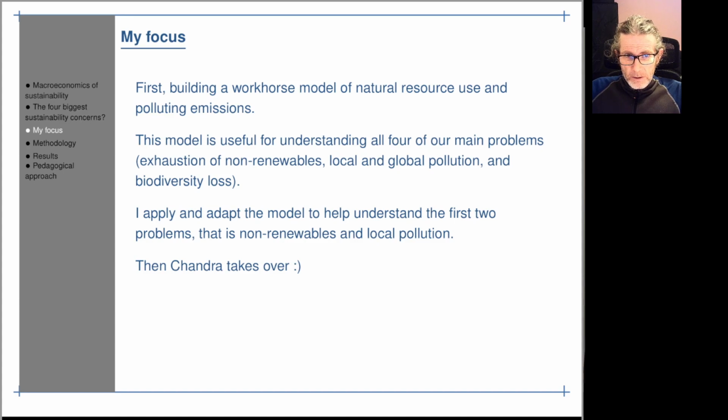Having built the model, I apply and adapt it to understand the first two problems, that is, exhaustion of non-renewables and local pollution. Then Chandra takes over. I won't say a lot about global pollution or biodiversity loss in the videos, but in class we might end up talking about them. That's kind of up to you guys.